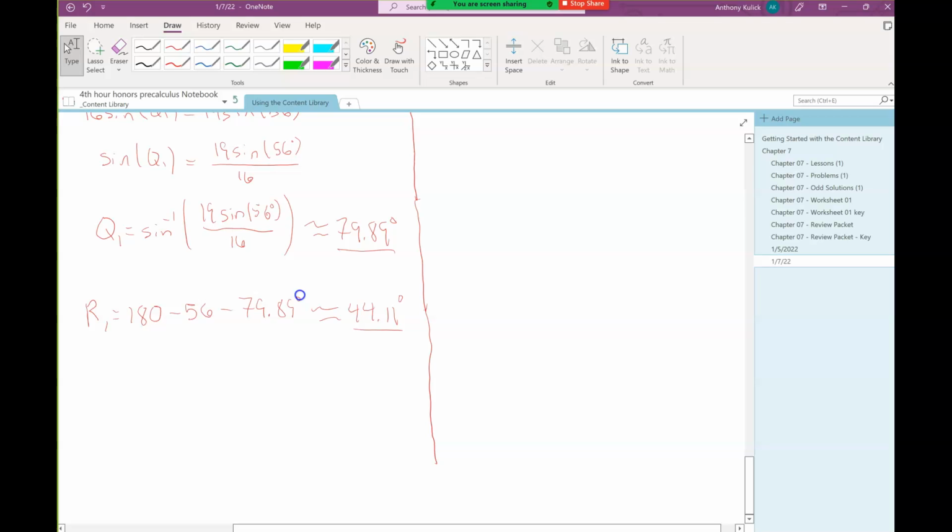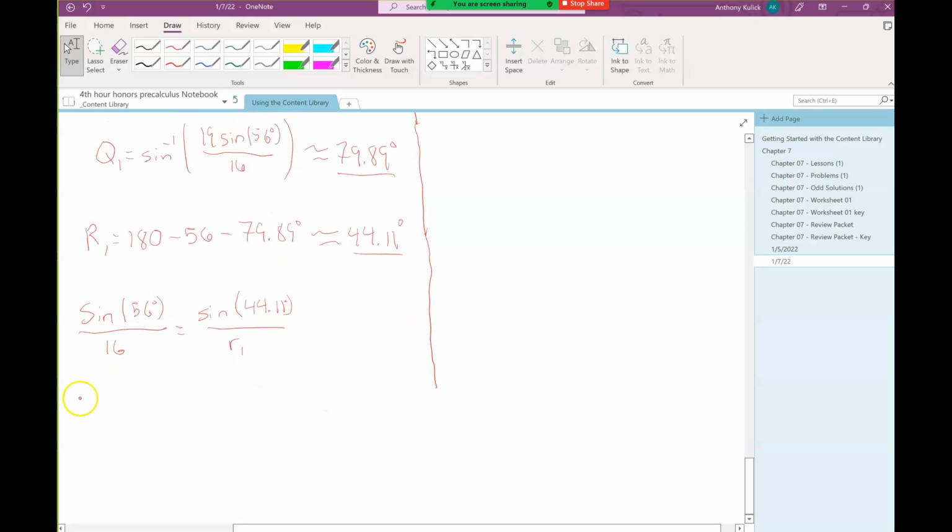And now that I have angle R, I can use the law of sines to solve for side R. So sine P over P equals sine R1 over side R1.